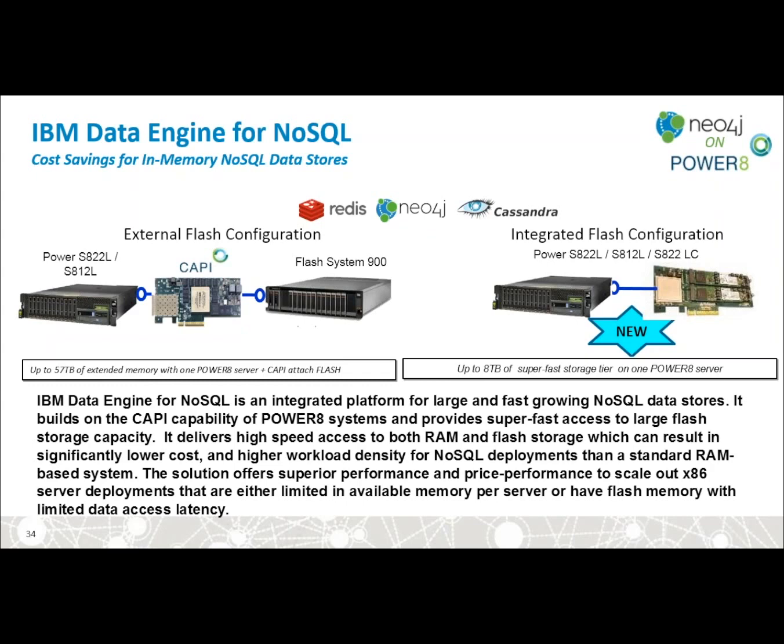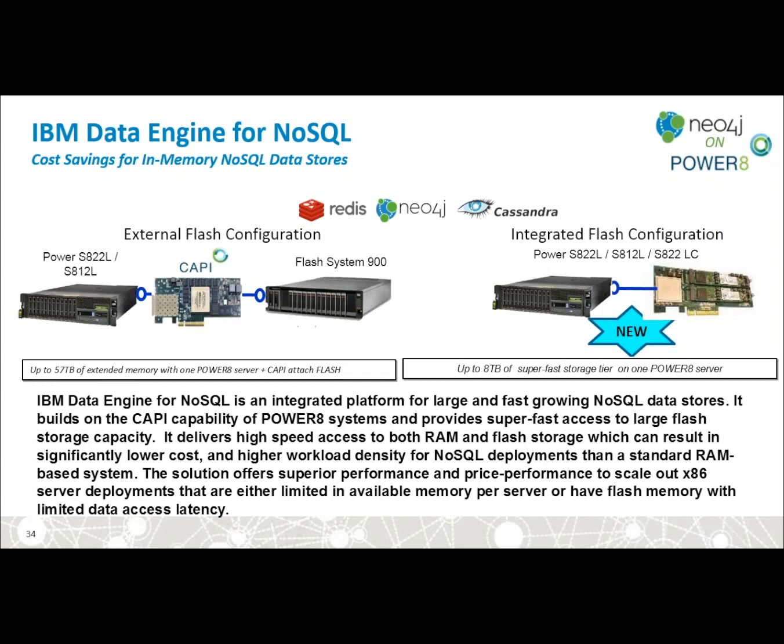And we recently introduced what is known as the integrated CAPI Flash configuration. In this case, you don't need any external storage. We have a couple of flash sticks, up to 2 terabytes in capacity, right on the card. Depending on the server option that you choose, you can get anywhere from 2 terabytes all the way up to 8 terabytes by adding up to 4 cards on the server.